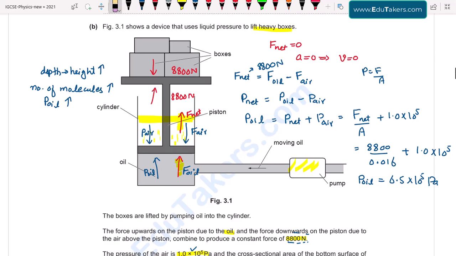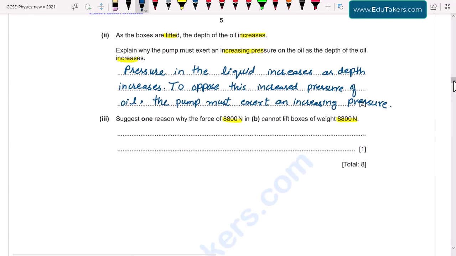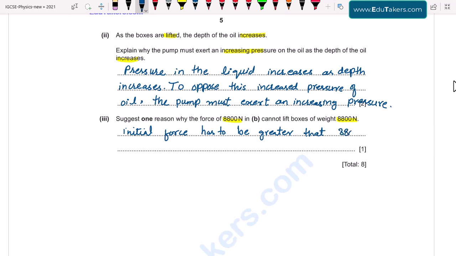So I write here, initial force has to be greater than weight, which is equal to 8800 Newton, to start motion. So if weight becomes equal to force, then there will be no motion. The boxes remain at rest.